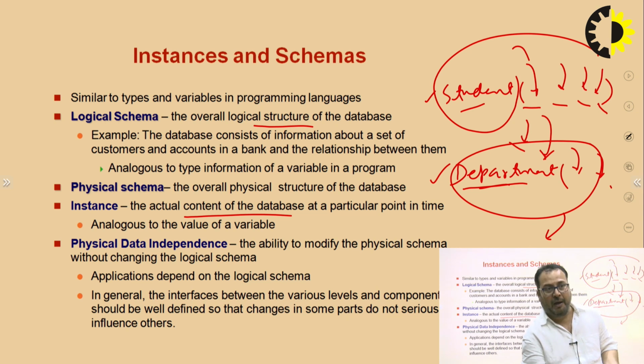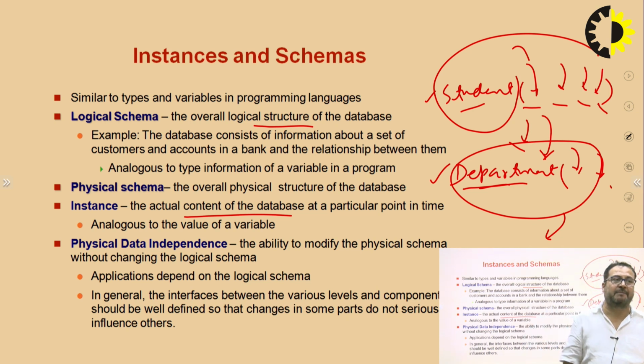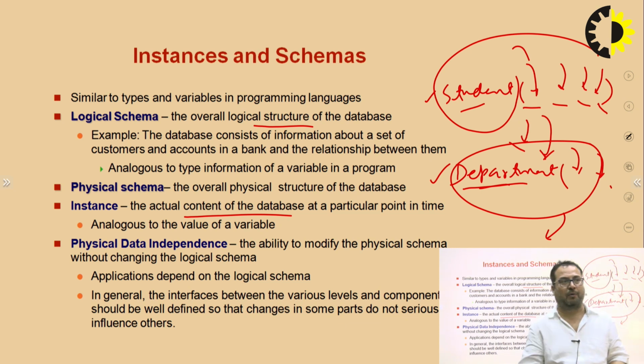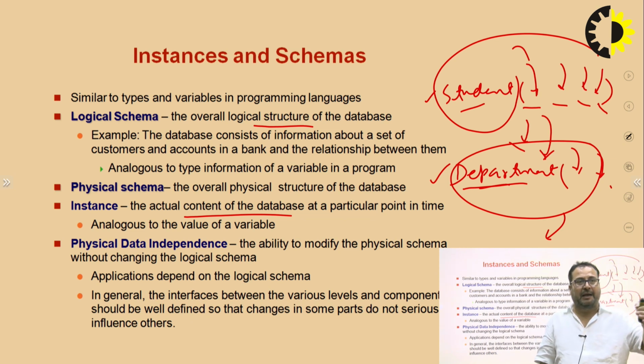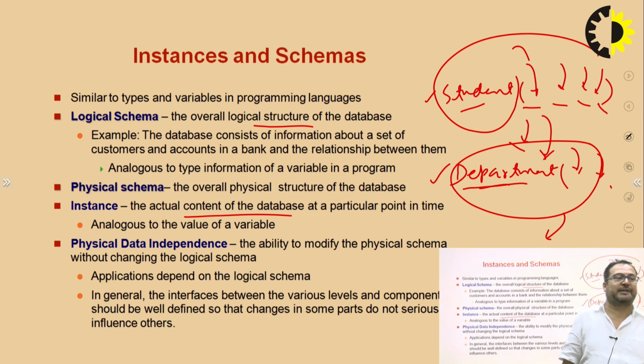But if you change the logical schema, that will be reflected, and it will be tough to maintain. The upper level should not change. So of physical and logical data independence, physical data independence is easier to achieve than logical data independence.